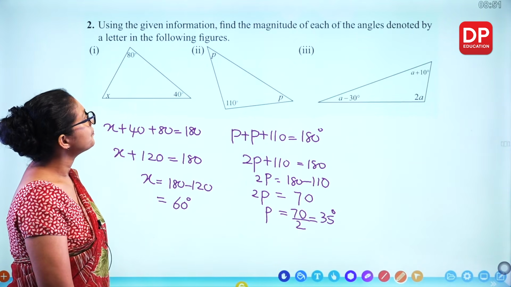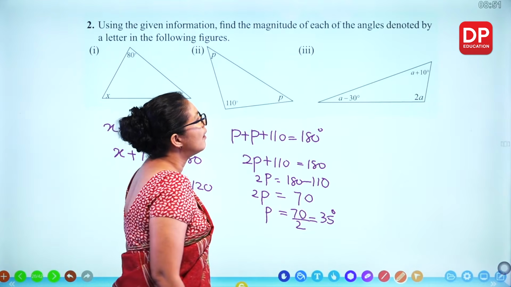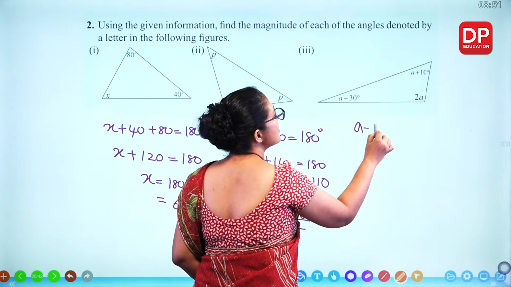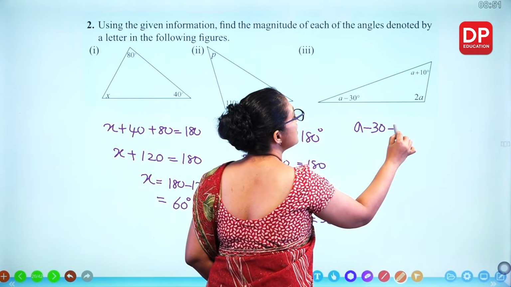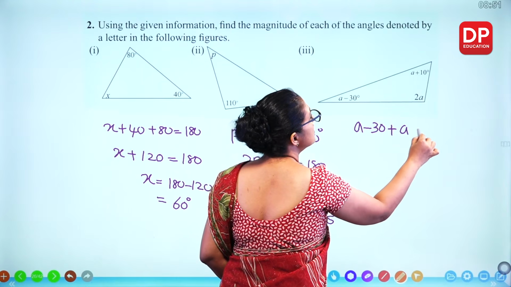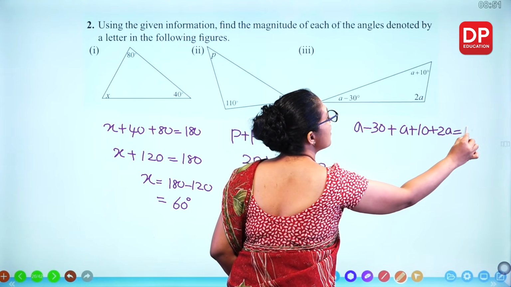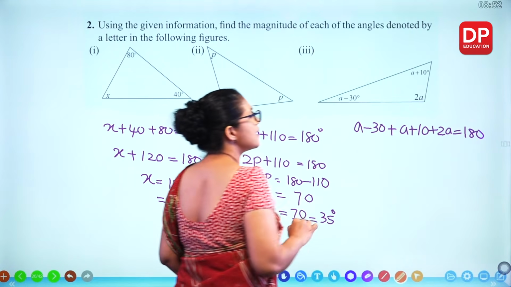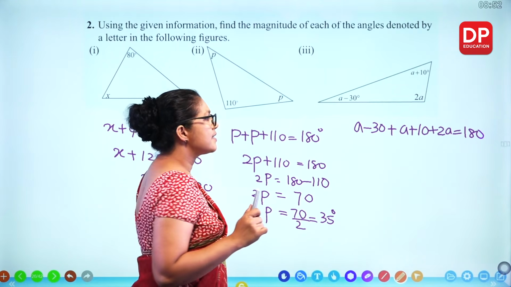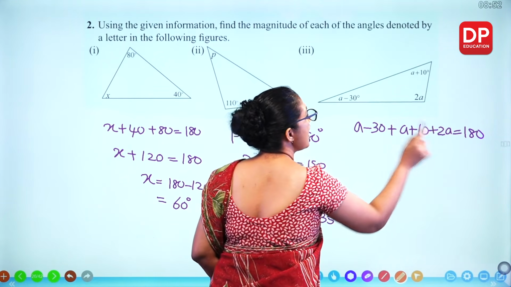This one, again, sum of angles in a triangle is equal to 180. Now, add like terms A and 2A.